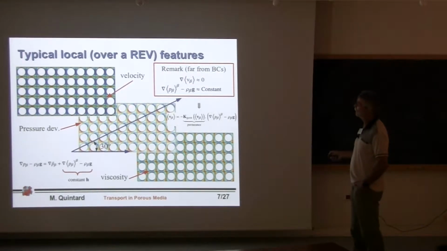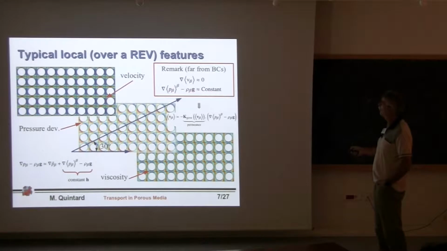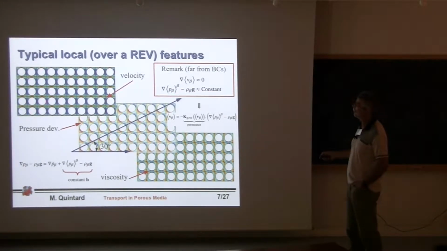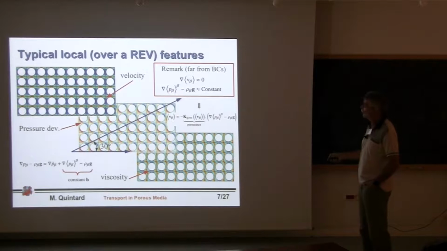Therefore, what's going on here? If I solve a problem in which I impose this as a constant, typically I will get something which is periodic here. Also the pressure deviation is periodic.